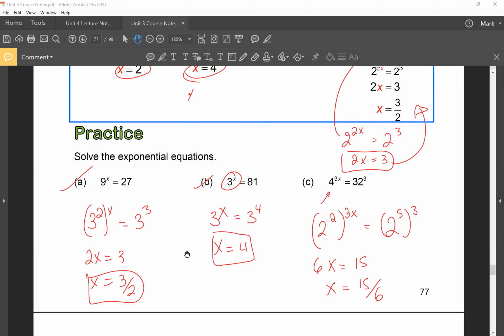I don't think it's 5 over 2. But well, it might be because Fatima got the same thing. What am I messing up here? I'm not seeing what I'm messing up.